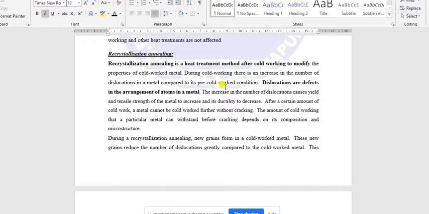This process is used for different types of heat treatment. After this cold working process, the number of dislocations may be increased, and this is the main concern that is reduced by recrystallization annealing.